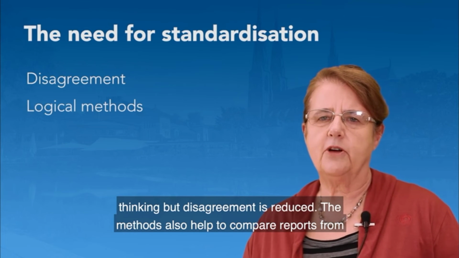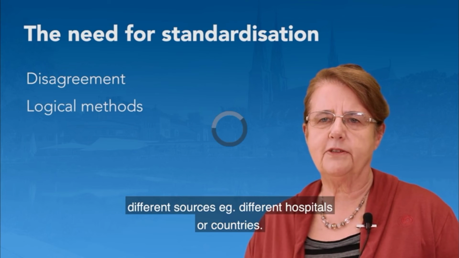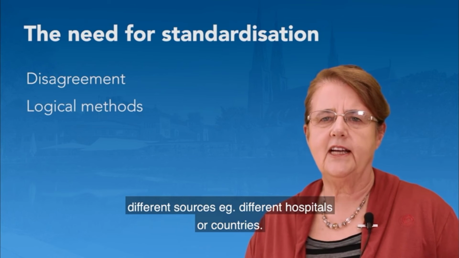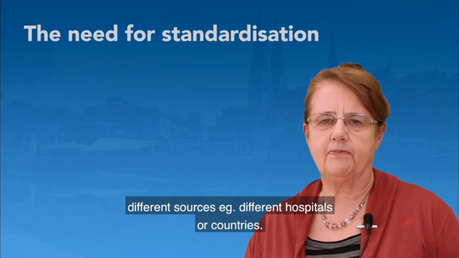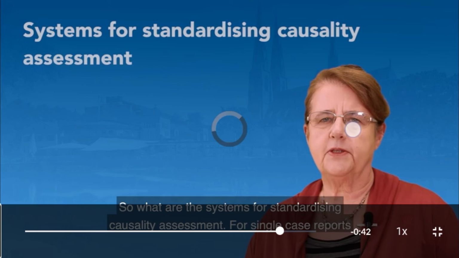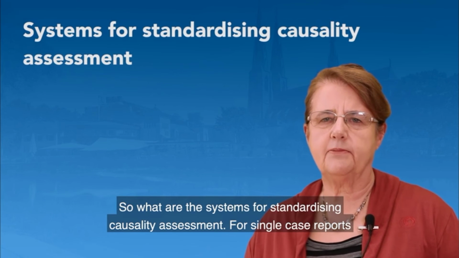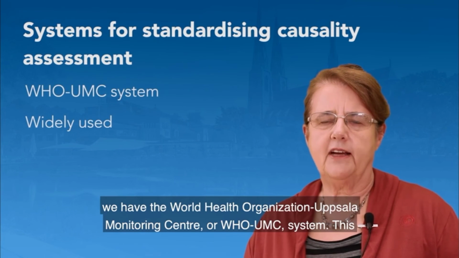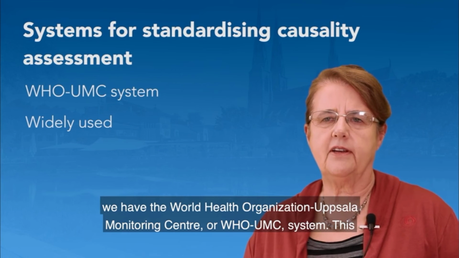The methods also help to compare reports from different sources, e.g., different hospitals or countries. So what are systems for standardizing causality assessment? For single case reports, we have the World Health Organization Uppsala Monitoring Centre, or WHO-UMC system.